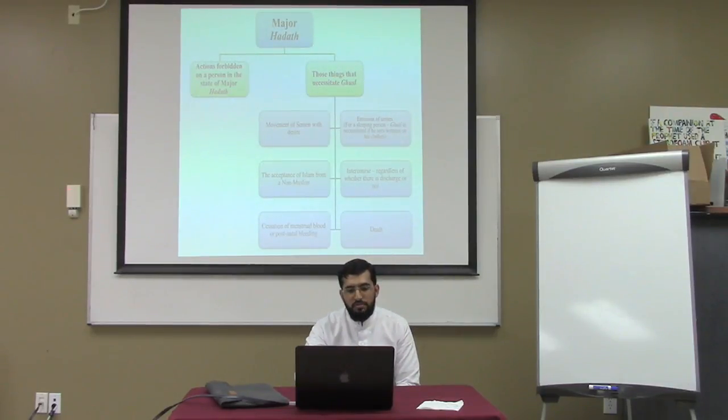We mentioned that everything that is forbidden on a person in the state of minor hadath is also forbidden on him in the state of major hadath. Such as praying, touching the Quran, except with a barrier. Very good. And what else? Tawaf. Very good. What type of tawaf is forbidden? Fard or nafl? Both of them.